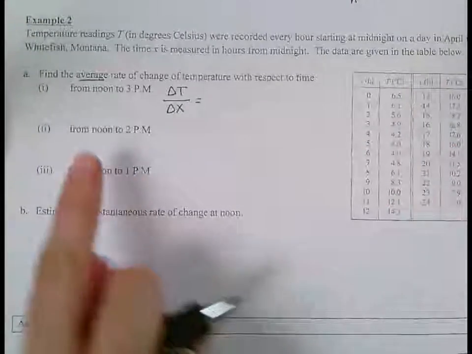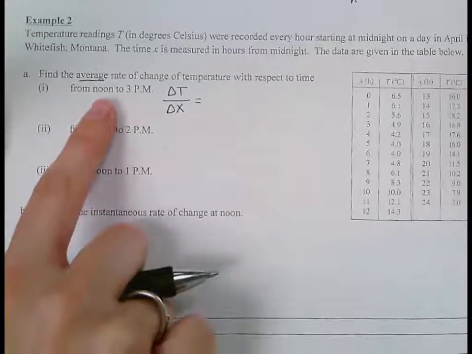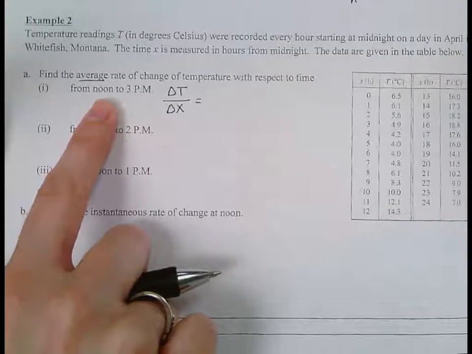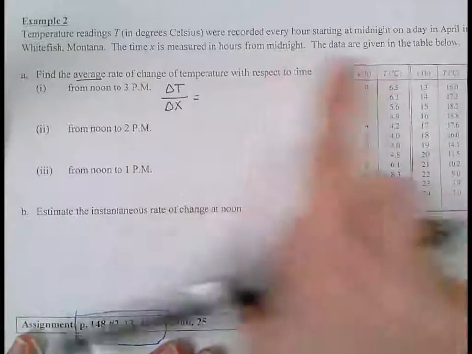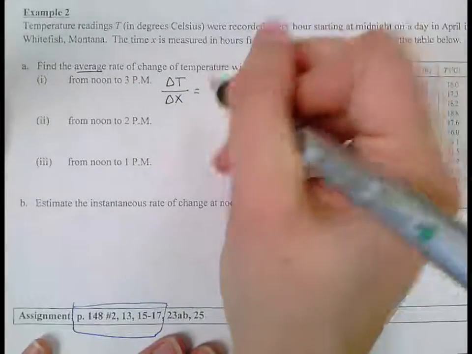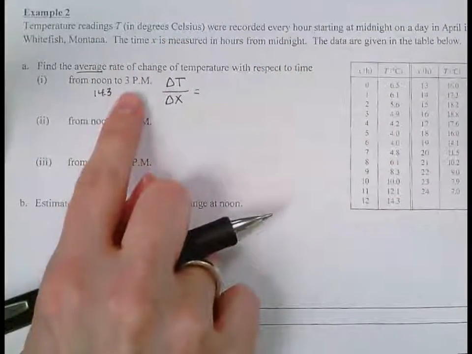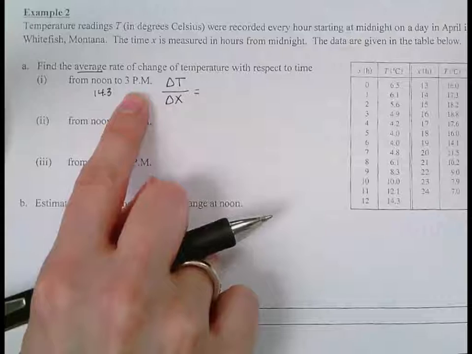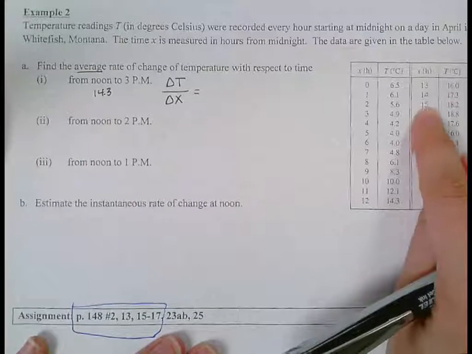So looking at our table, what is the temperature at noon? Yeah, so that would mean X is hours from midnight. That would mean your X value is 12, so 14.3. And then at 3 p.m., your X value would be 15.